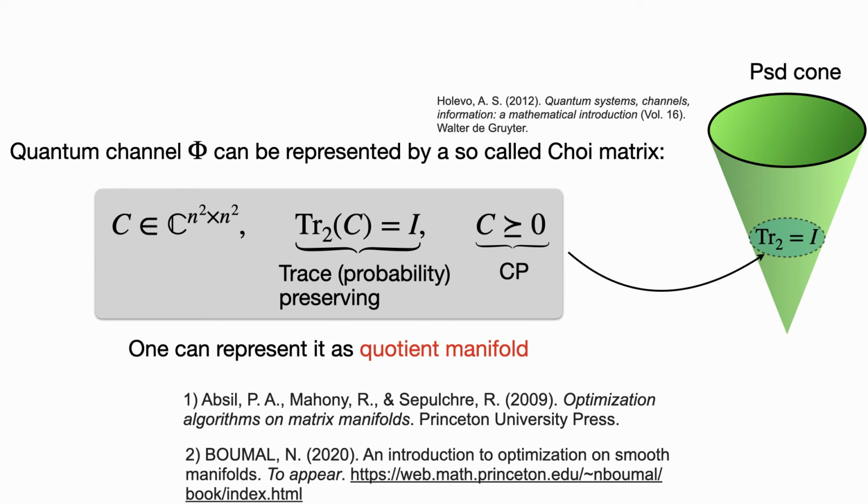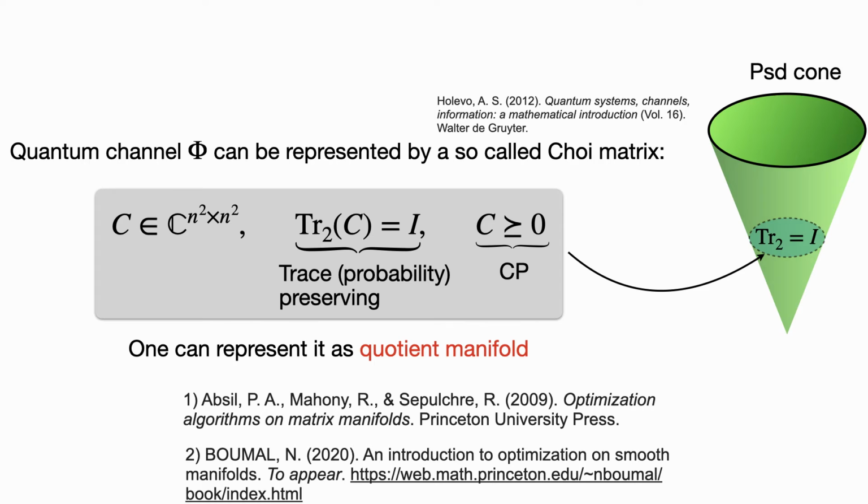Any quantum channel phi can be represented by a so-called Choi matrix. A Choi matrix is a complex matrix of size n squared by n squared, and it has specific properties. The first property is that the partial trace of the Choi matrix should be equal to the identity matrix. The second property is that the Choi matrix should be a positive semi-definite matrix.